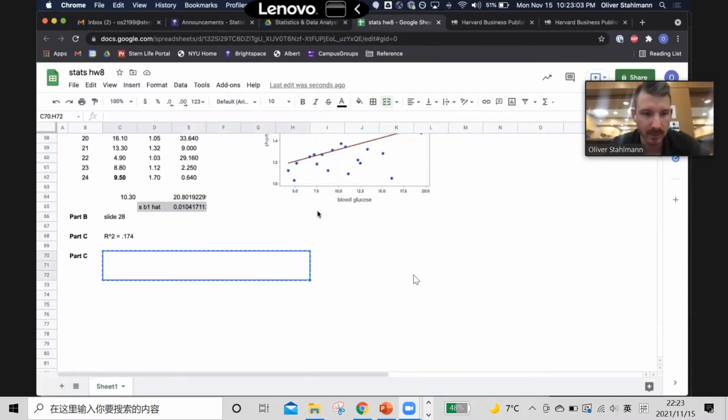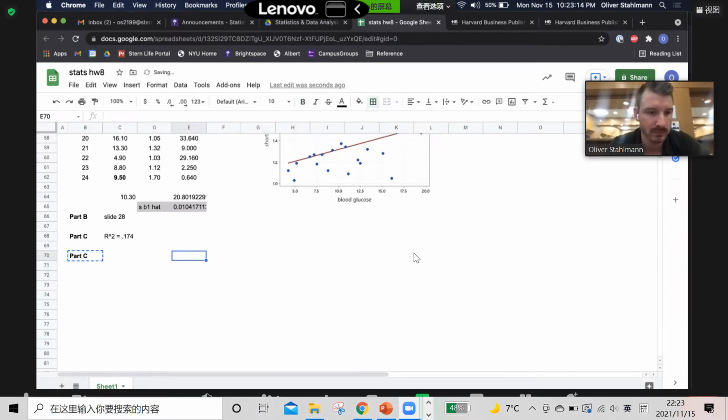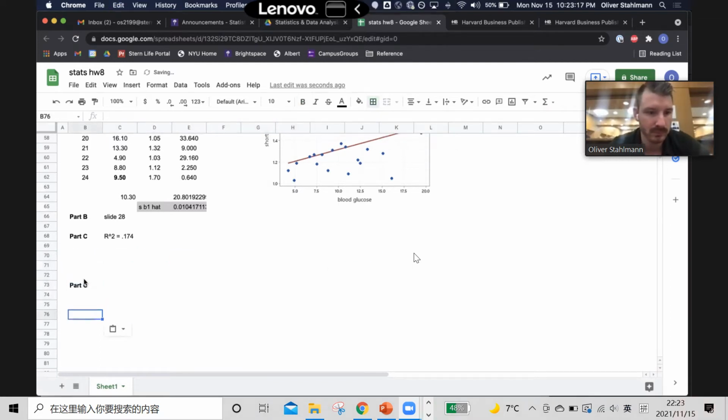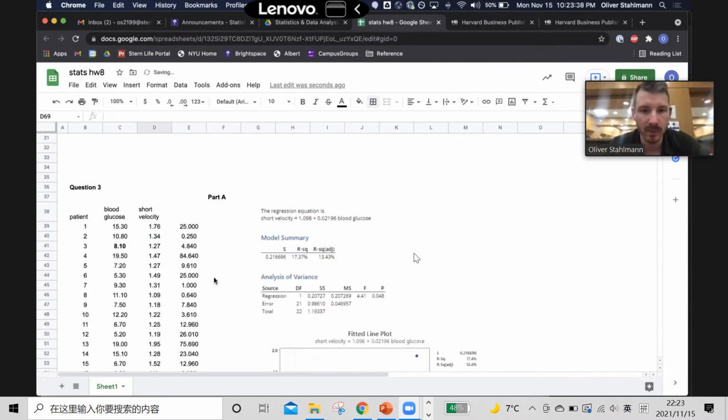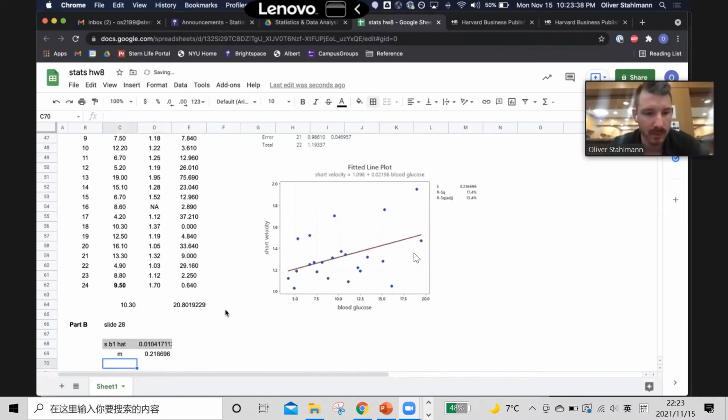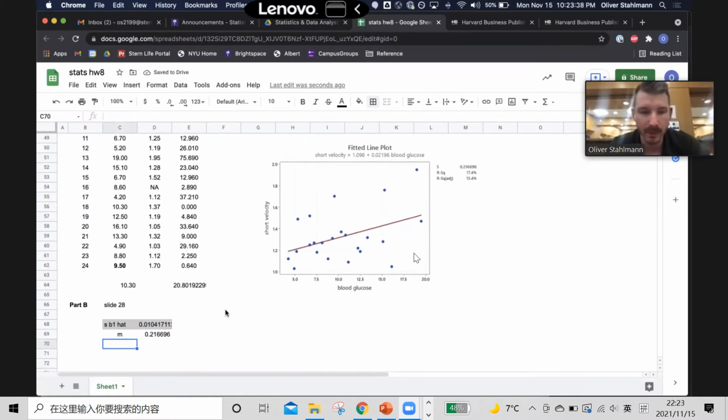This is part B. And then we have M is equal to 0.216696.